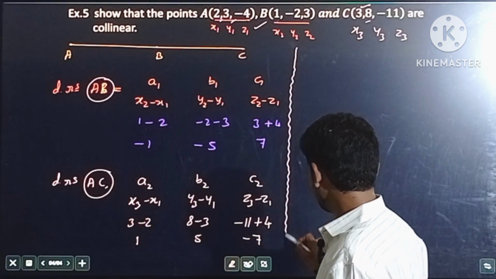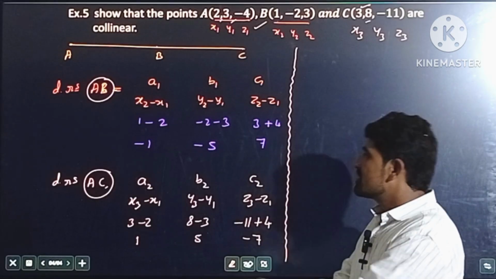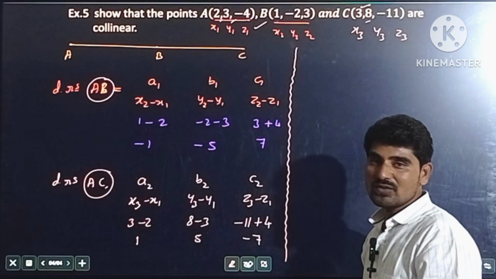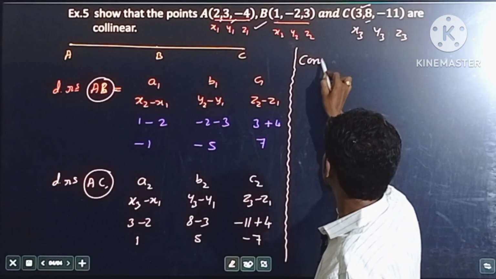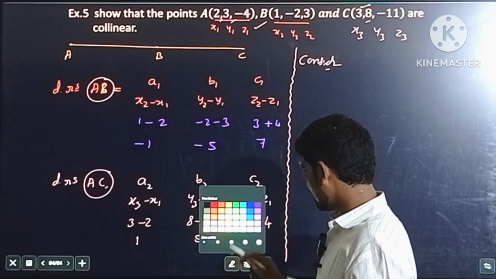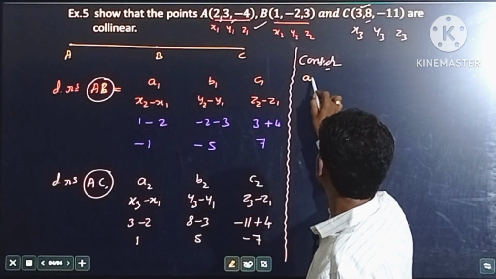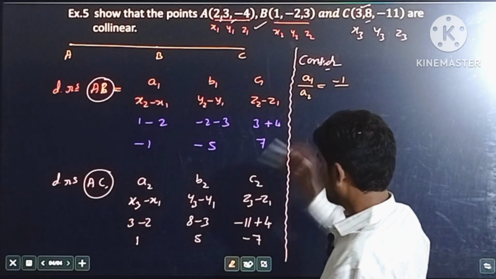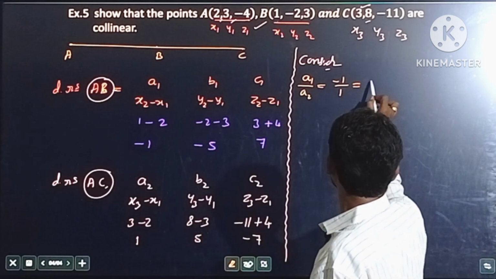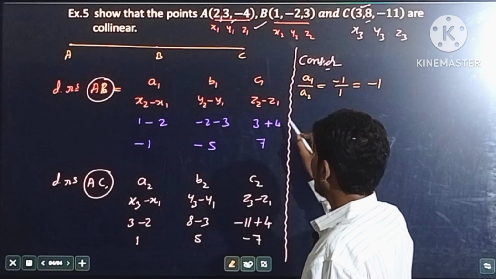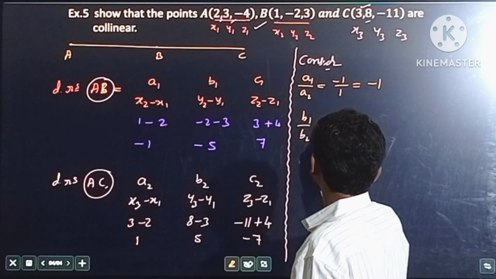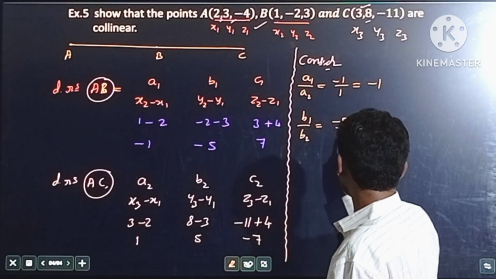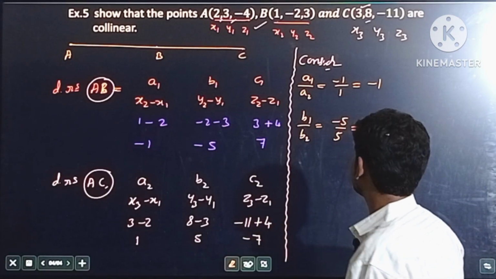To prove that the points A, B and C are collinear, we just prove A1 by A2 equals B1 by B2 equals C1 by C2. First, A1 by A2: the value of A1 is minus 1 divided by A2 which is 1, so minus 1. B1 by B2: B1 is minus 5 divided by B2 which is 5, so minus 1.